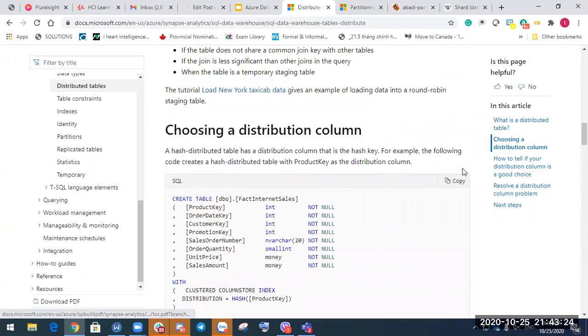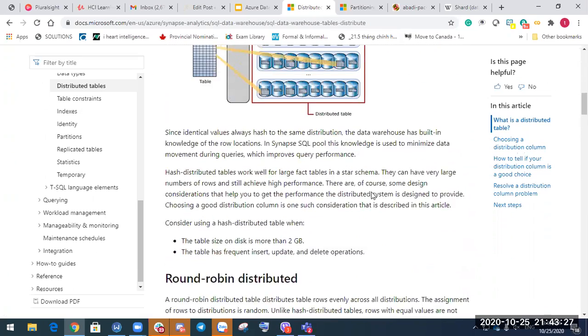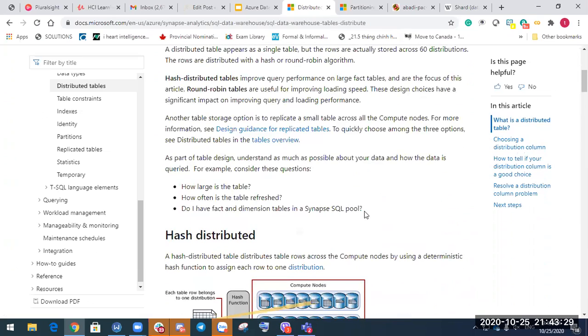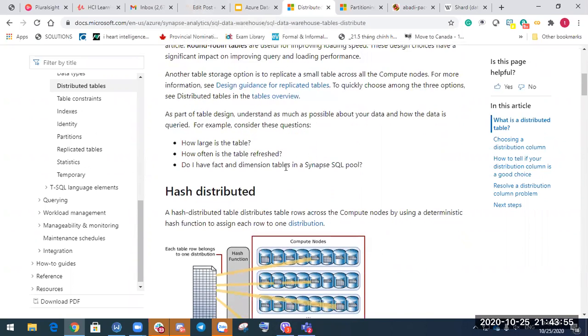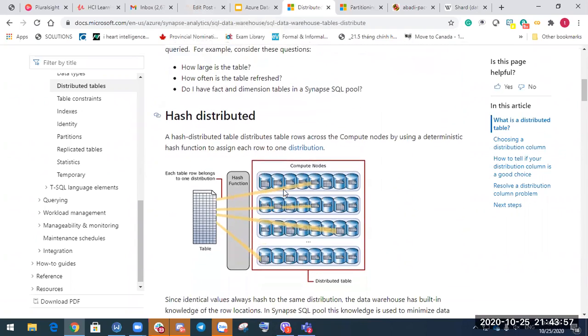Okay, so let me go over from one to the other. When you distribute the table, remember you need to ask how large the table is, how often the table is refreshed, and whether you have a fact or dimension table. Remember fact or dimension table, I already wrote the keywords for you in relational database 101. This is a concept in relational or non-relational databases, so please remember to go over it.